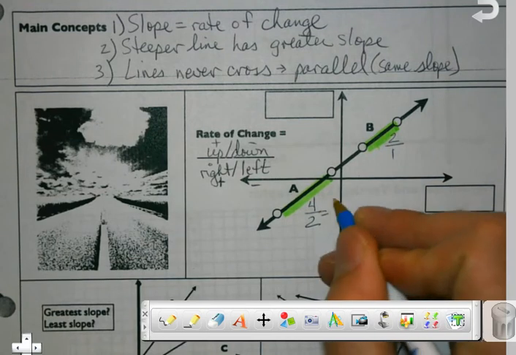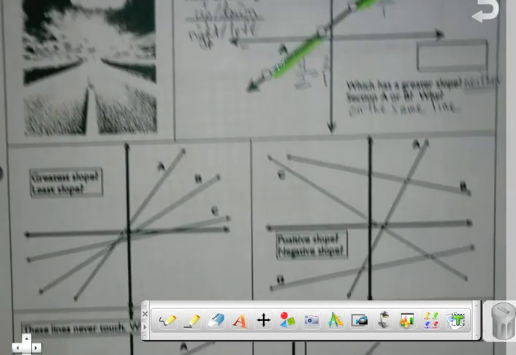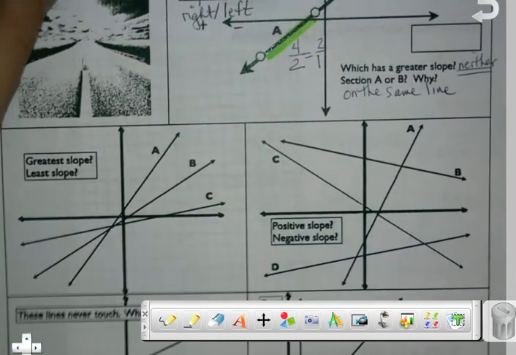Because 4 over 2, right. So don't let that fool you. It just reinforces to us that I can use any 2 points on the line, and it'll work for me. And we're just talking in general here before we get into the specifics over on the back.